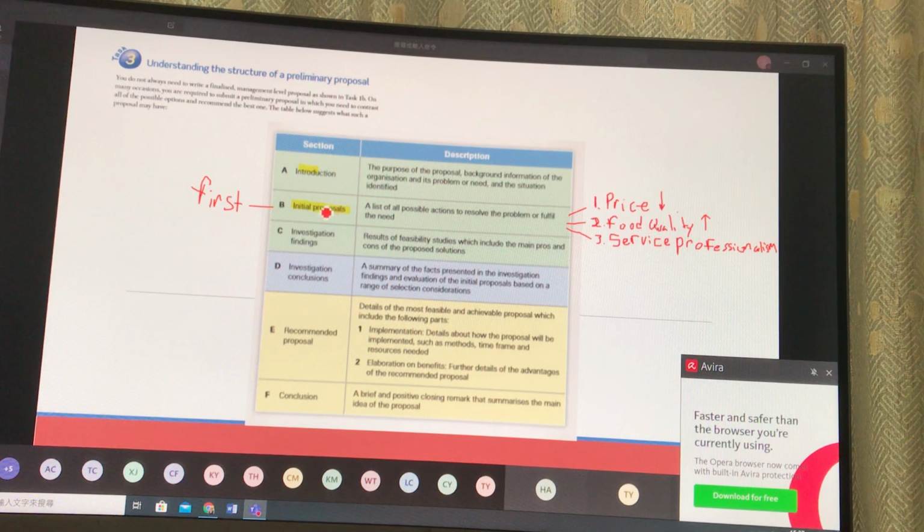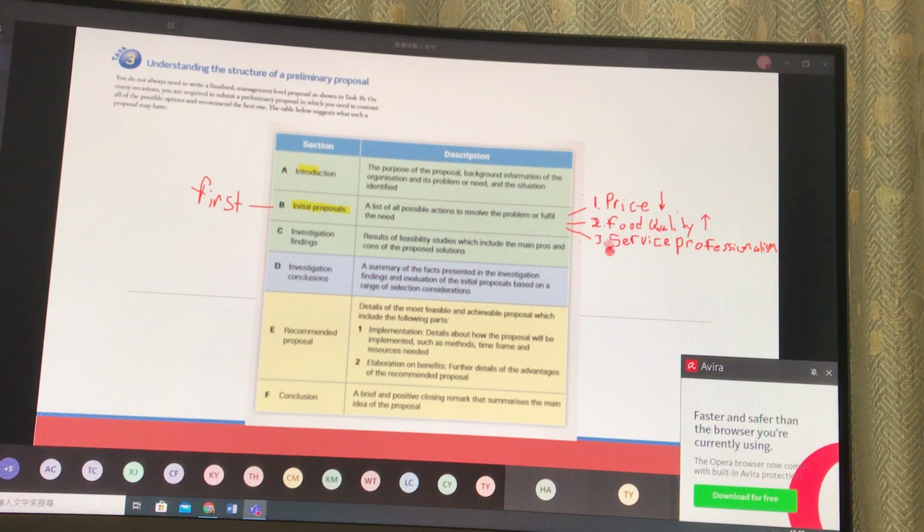So when we write a proposal, we do the introduction, then we have 3 initial ideas, and then we do investigation findings and investigation conclusions. The investigation findings would review these 3 ideas and figure out the results of the feasibility studies, which include the main pros and cons of these solutions.